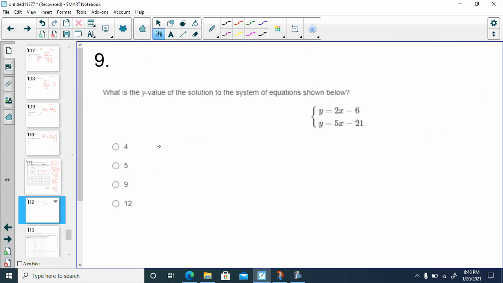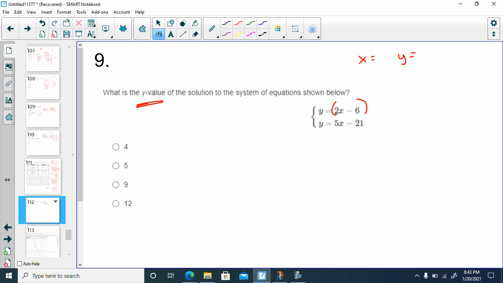This is number 9. What is the y value of the solution to the system of linear equations shown below? Well, we could get graph paper and do this, but there's a big number here. Let's see about substitution. Does either of them say x is equal to or y is equal to? Oh, these both say y is equal to.